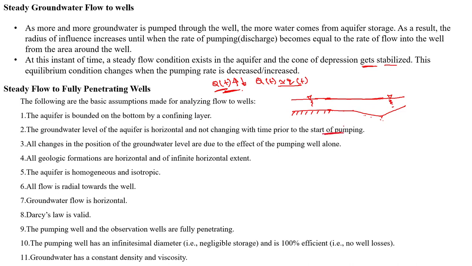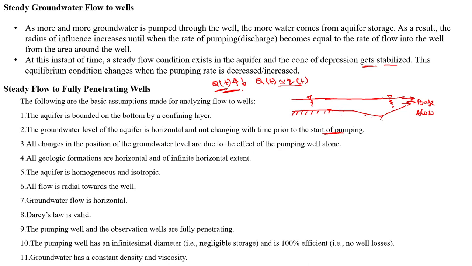This is not practically possible because sometimes there will be base flow, and with this the water will move from the aquifer, but the amount of water going as base flow will be negligible. So this assumption is fairly accurate, and all the changes in the position of groundwater level are due to the effect of the pumping well only.